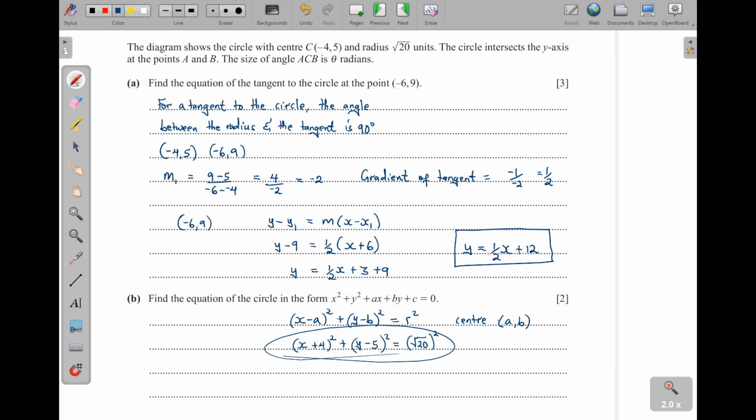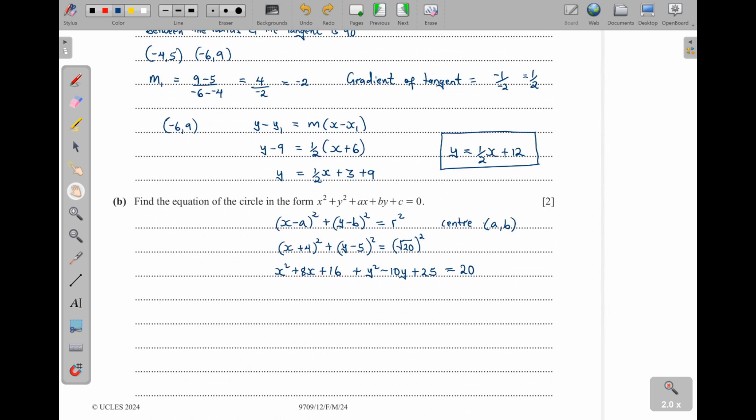Now we can expand. So expanding here, we shall put the square on x, and then 2 times x times 4, that will be 8x, then 4 squared, that will be 16. Then here y squared, then 2 times y times negative 5, that will be negative 10y, then square the 5, it gives you 25. And then this one is 20. And then we bring everything onto one side.